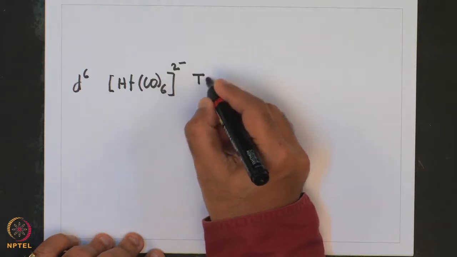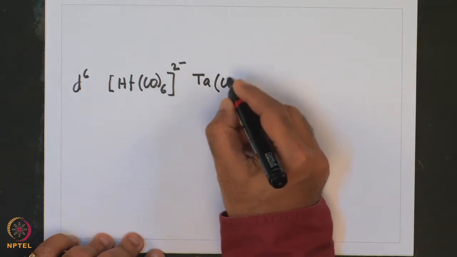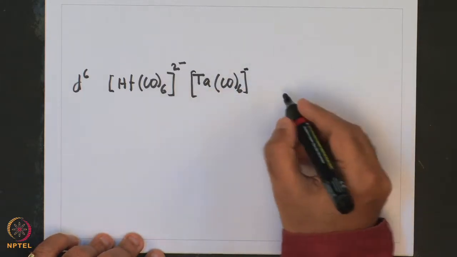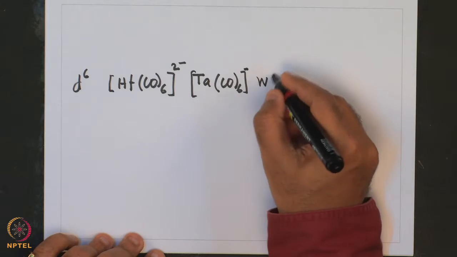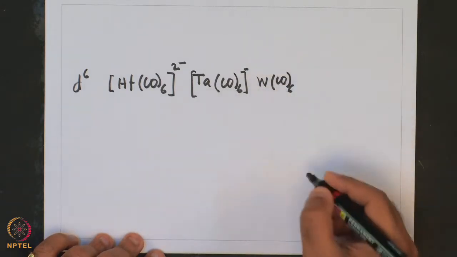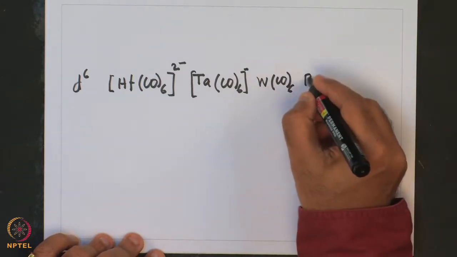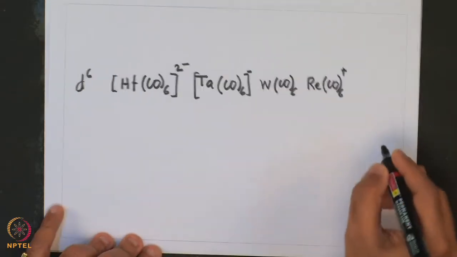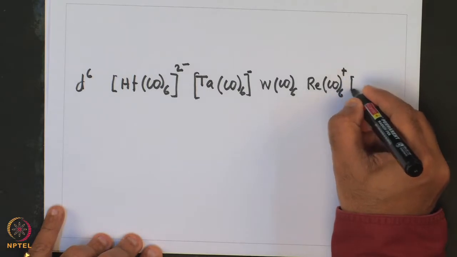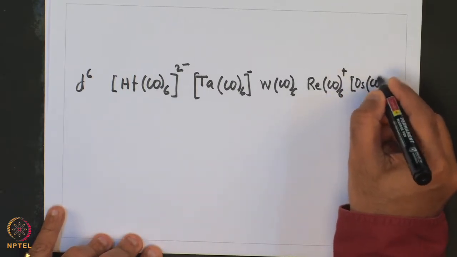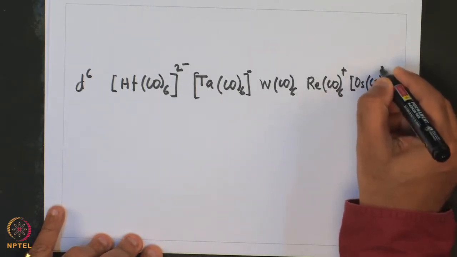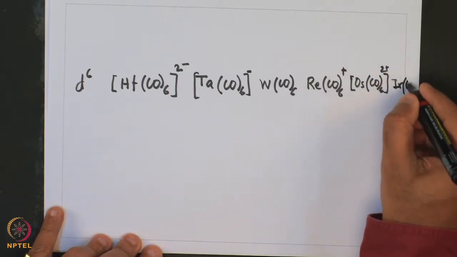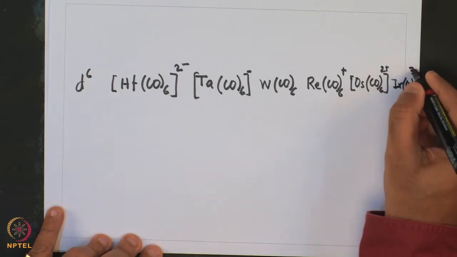Then let us say tantalum CO6 minus, then comes tungsten CO6, which is neutral, then rhenium CO6 plus, followed by osmium CO6 2 plus, finally iridium CO6 3 plus.